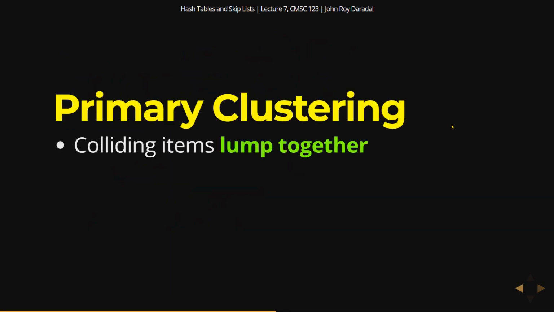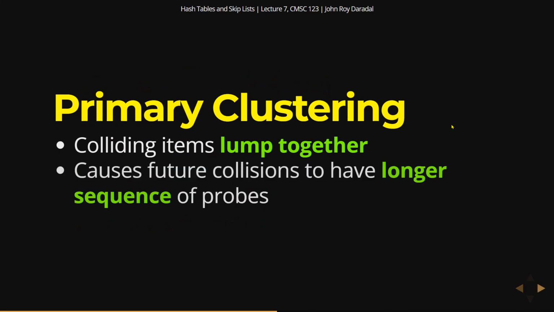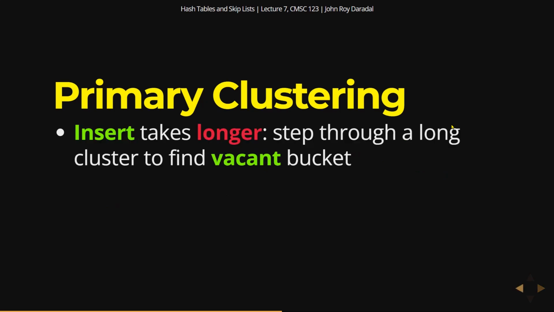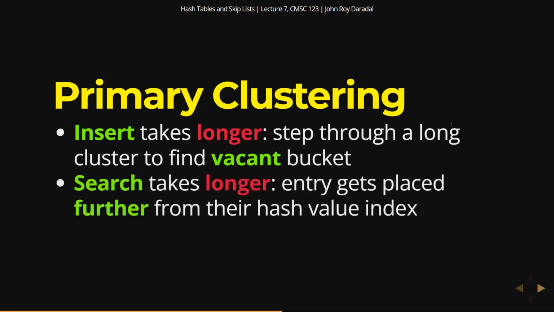So going back here, primary clustering is a problem because this causes future collisions to have longer sequences of probes. So the more that you lump together collisions, then the worse it becomes for future collisions, right? Because the insert will take longer because you'll have to step through a long cluster to find the vacant bucket. And search will also take longer because the entries will get placed further away from their original hash value index.